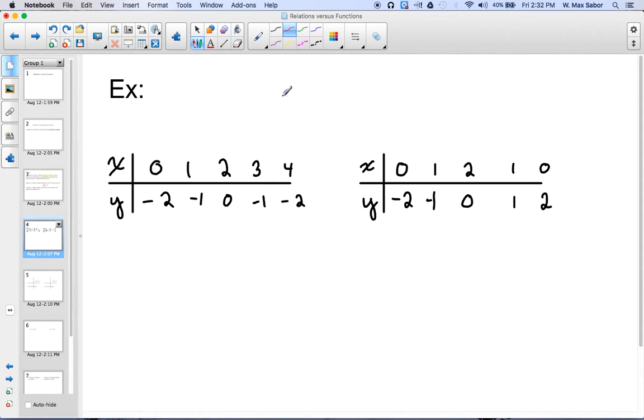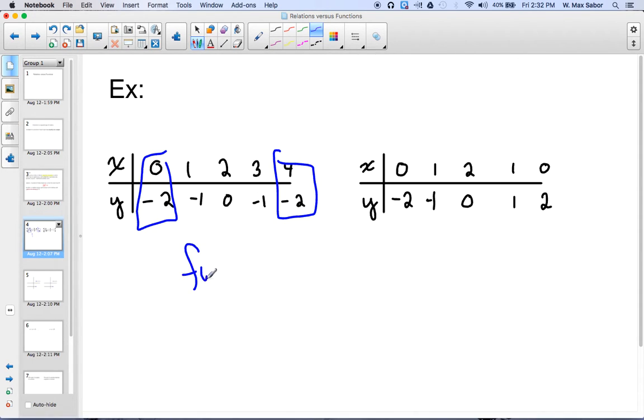So here are some examples where both cases are relations, but one of them is also a function. Here we have 0, 1, 2, 3, and 4 as our inputs, and those are our outputs. Sometimes two inputs have the same output, say 4, negative 2 has the same output as 0, negative 2, but that's okay.